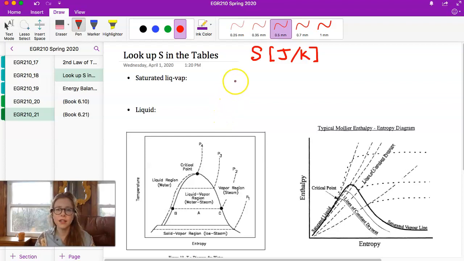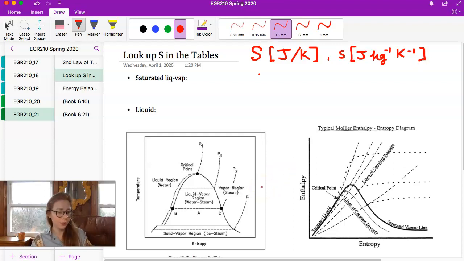For the intensive property, that's lowercase s, it's going to be joules per kilogram Kelvin, on a mass basis. Okay, and the thing is, we can look up entropy in our property tables.